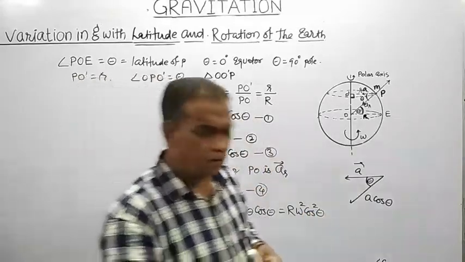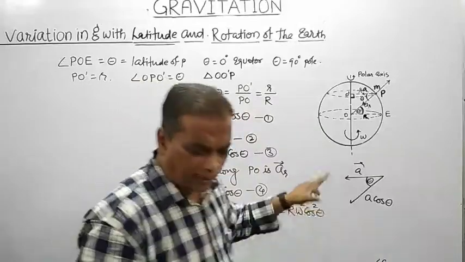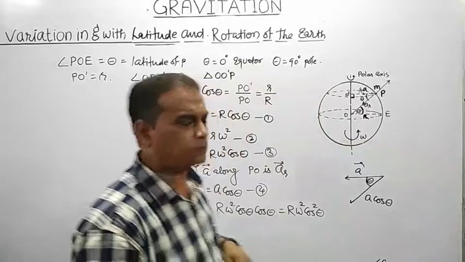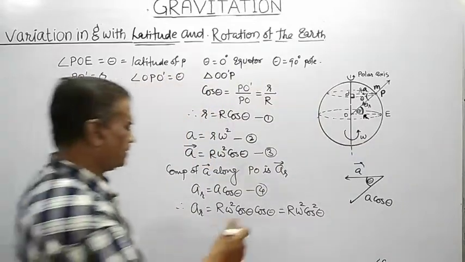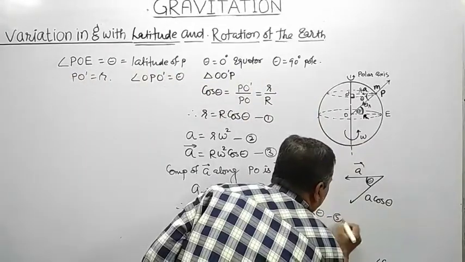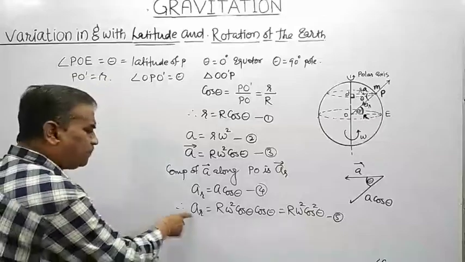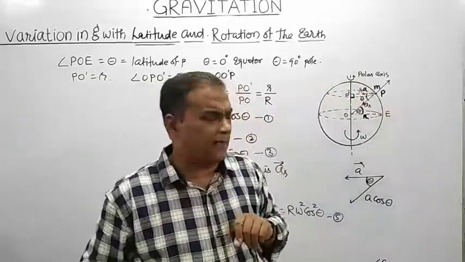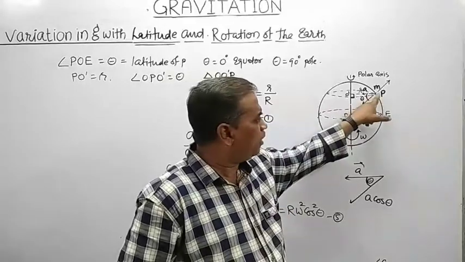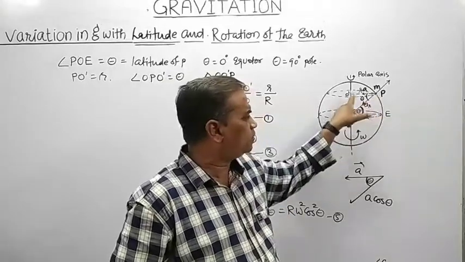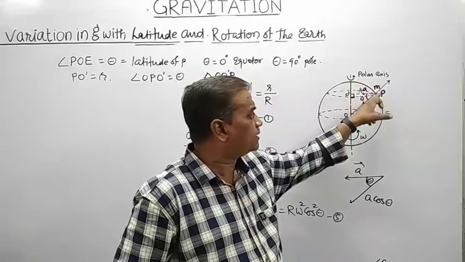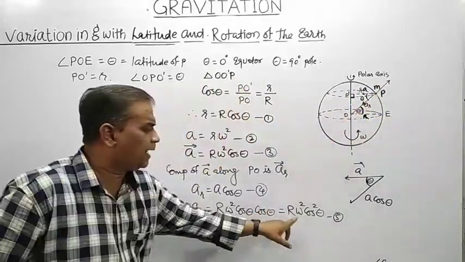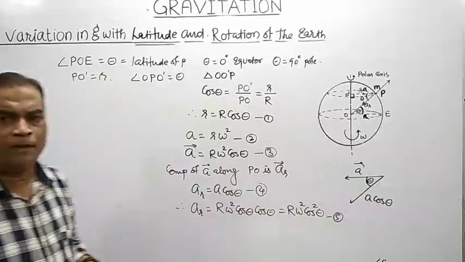This is equation number 5. So AR represents the component of centripetal acceleration A acting on the particle at point P towards point O dash, and its component along PO is R omega square cos square theta.